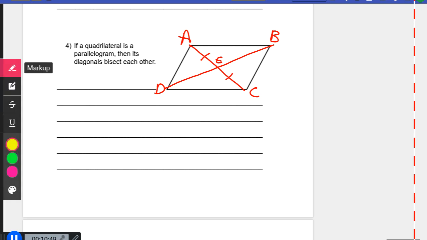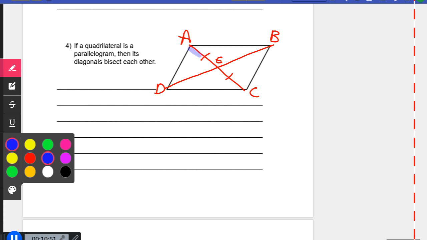So I am going to try to get triangle AED congruent to triangle CEB. I've got one side, AD congruent to BC, and I've got the vertical angle in the middle. I need a third thing.